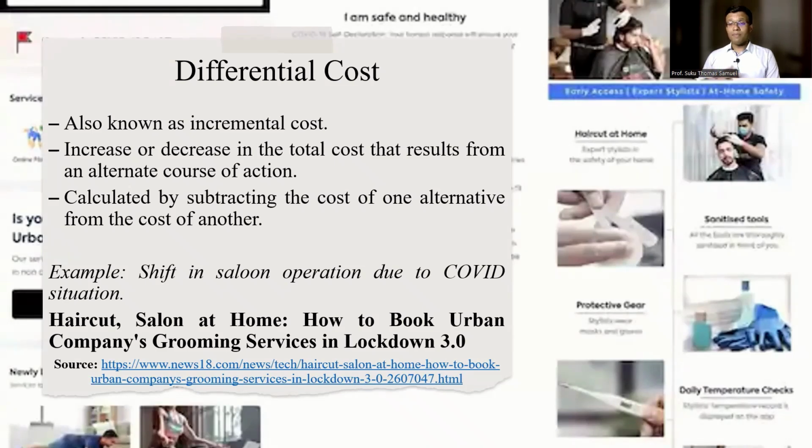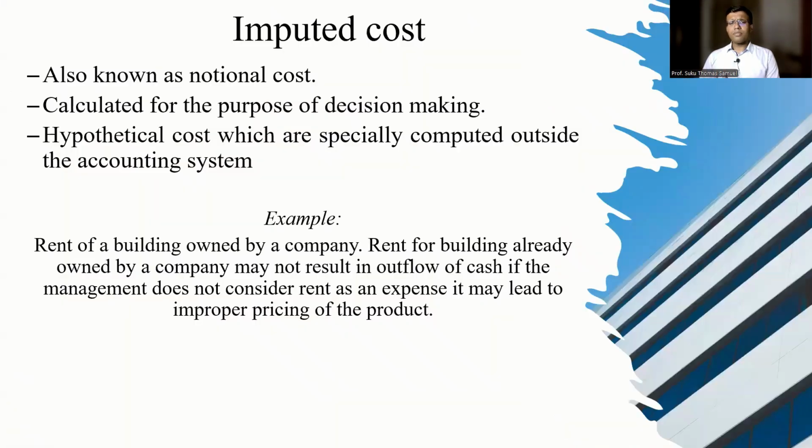Let's talk about an example. Before COVID, when you visit a salon for a haircut, they would be charging you a certain amount of money. But during COVID, because the barber is forced to use a lot of disposable accessories, they would end up charging you an extra amount of money. That would be an example of differential cost.